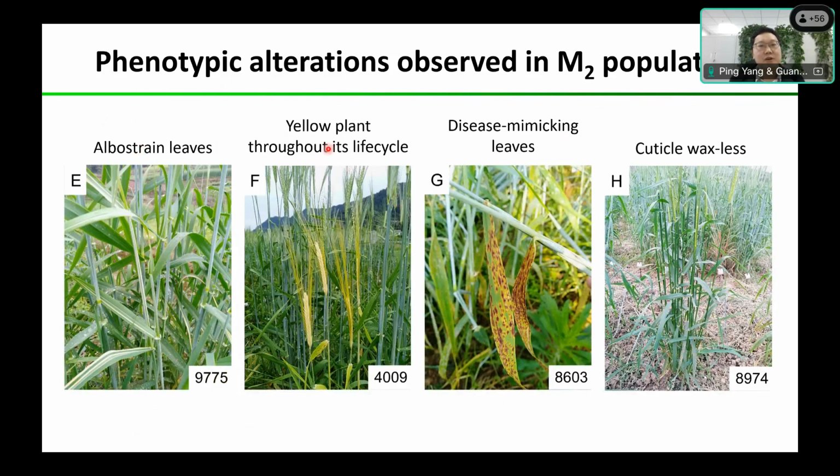Also, some show completely yellow plants throughout the life cycle, yellow from the seedling stage until harvest. Some lines show disease mimic leaves, or show Wacky phenotypes.